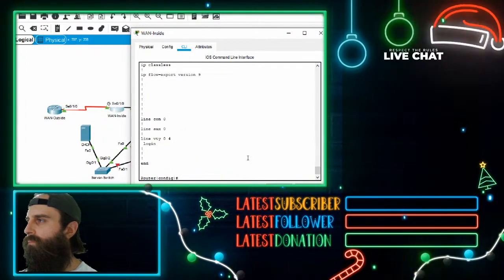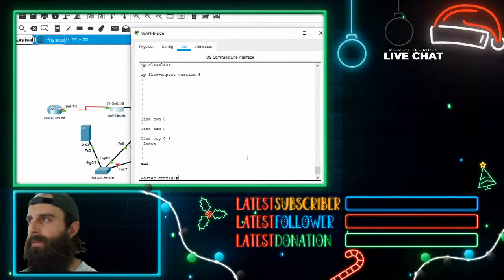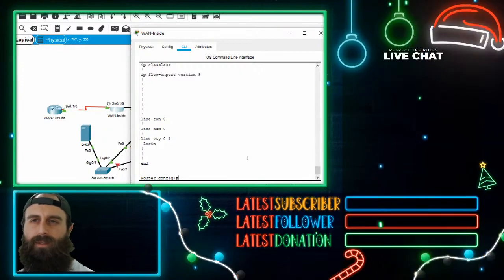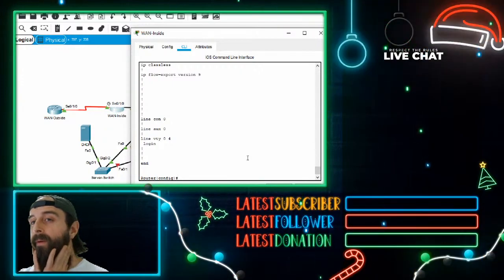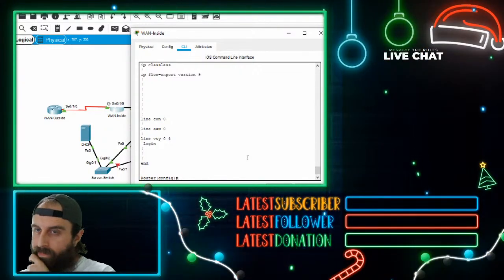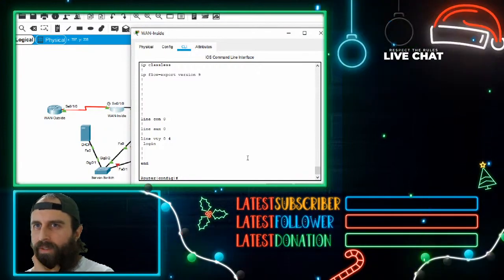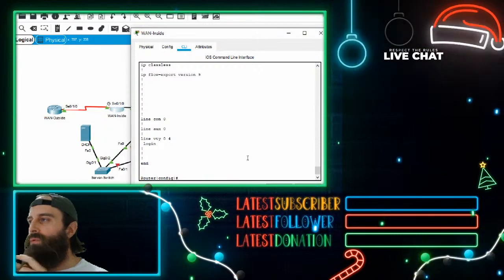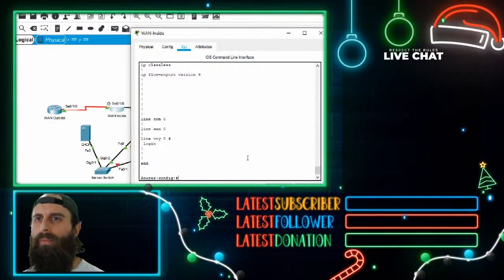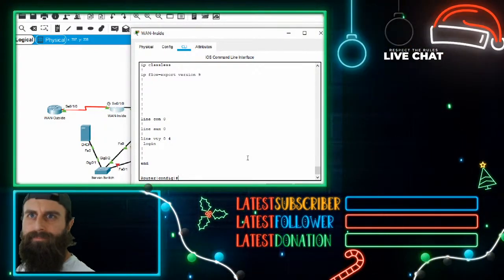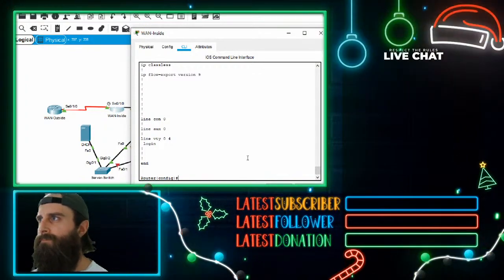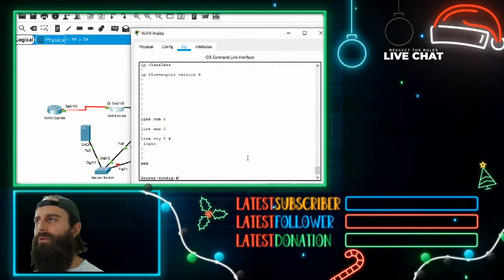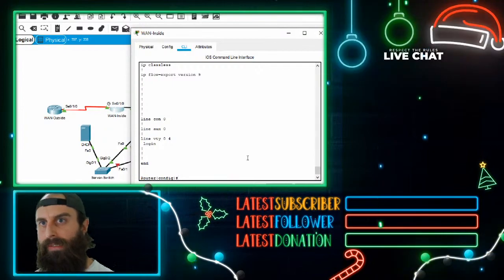Or should I use that router as a layer 3? Decisions. Nope. I'm going to do it all off of this router right here. And then I'll just make the VLANs on that other router. Then you'll see the magic.